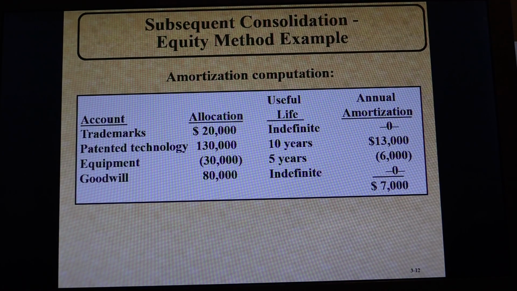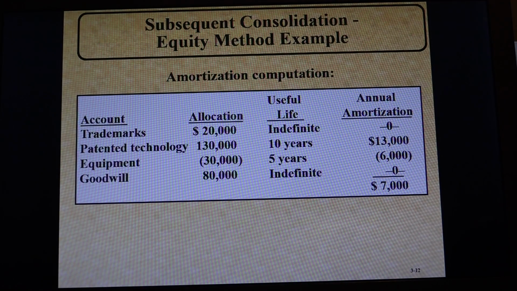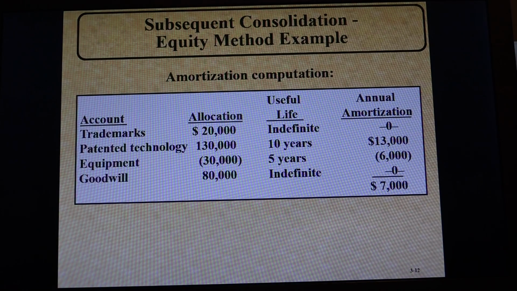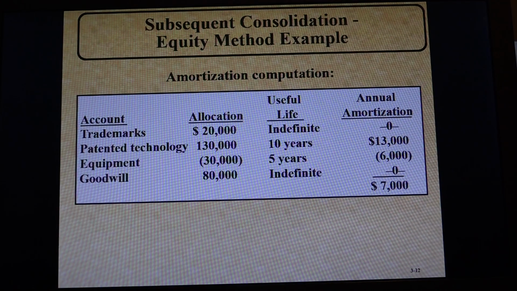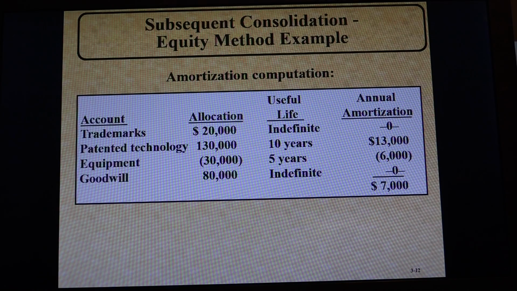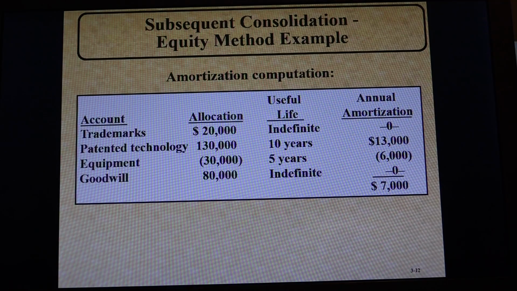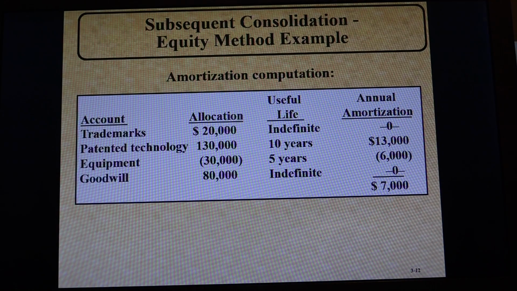And so this is kind of like what you may have seen, or hopefully saw, with bonds issued at a discount. In the case of bonds issued at a discount, you had to negatively amortize that amount over its life, the life of the bond.